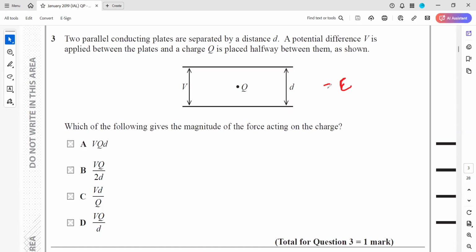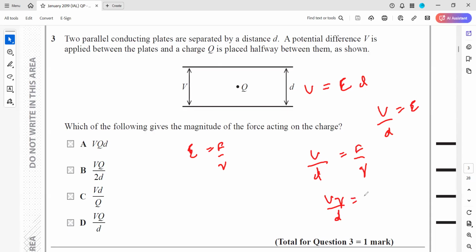V equals ED, because between parallel plates the electric field is constant, so V over D equals E. And we have the formula E equals F over Q. In place of E, we can write F over Q. So if we need the force, VQ divided by D equals F. So VQ divided by D matches with option C.